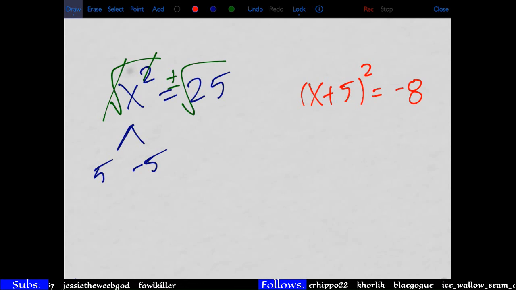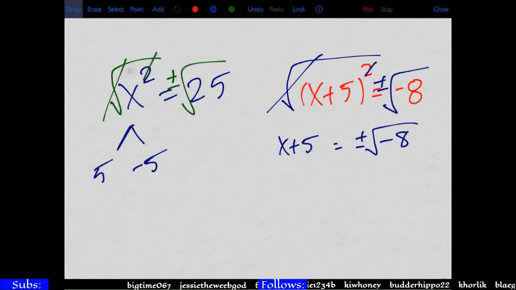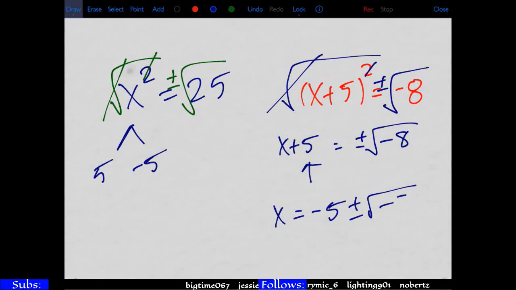So when we square root that, to cancel, we have to include a plus or minus here. Then we get x plus 5 equals positive or negative square root of -8. And then we subtract 5 over. So x equals -5 plus or minus square root -8.